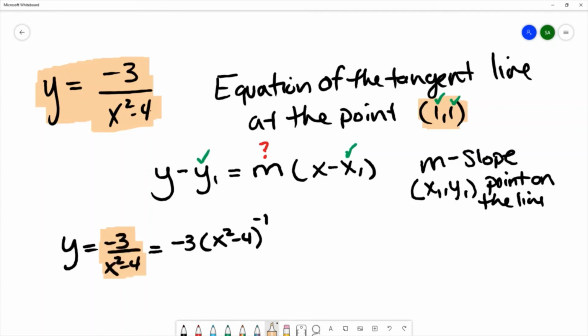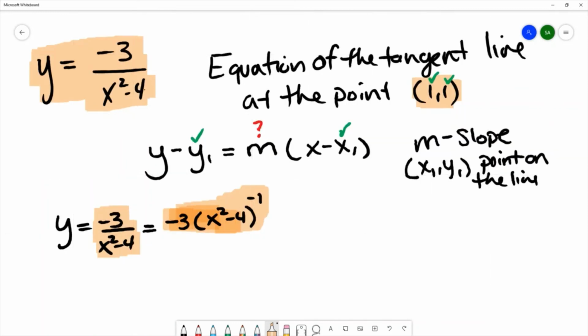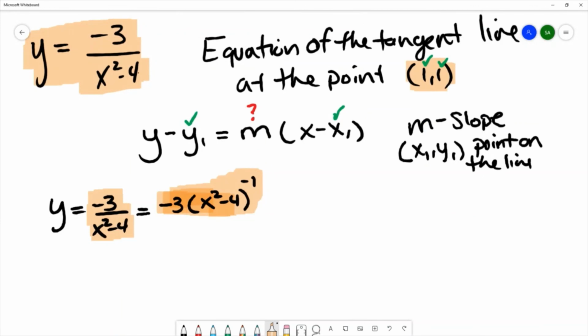But if you change it to this form that I've written here, you do have to use the chain rule. So it's up to you about whether you want to leave it in the original form and use the quotient rule, or change it to this form and apply the chain rule. So I'm going to calculate the derivative with the chain rule.